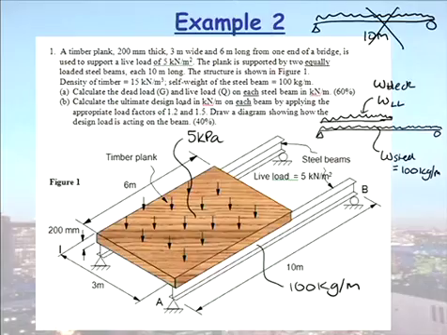So we're asked to calculate the dead and the live load. When I do the dead load, I will have a dead load 1 and a dead load 2 component, and the dead load 2 is just the steel weight.